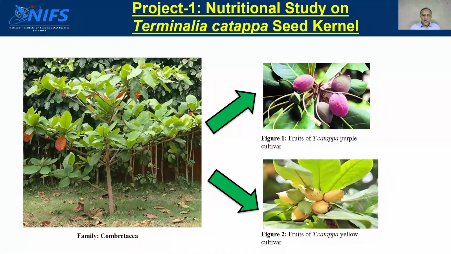Currently in Sri Lanka, there are 2 different varieties of Terminalia catappa: the purple variety and the yellow variety. Terminalia catappa belongs to the family Combretaceae.